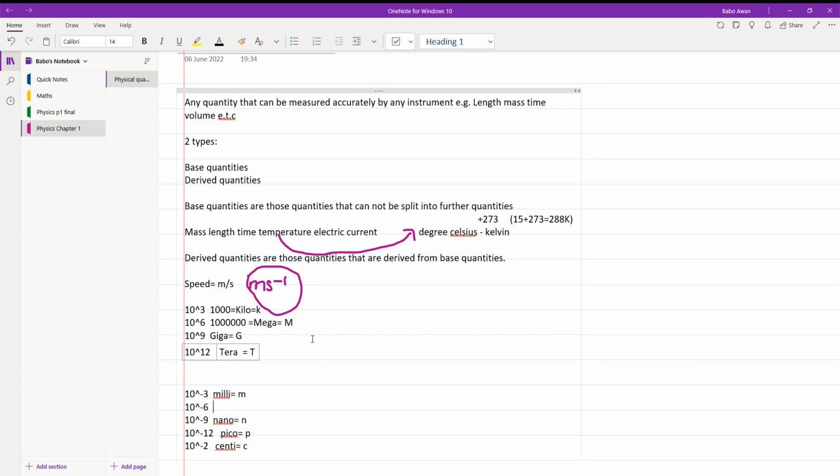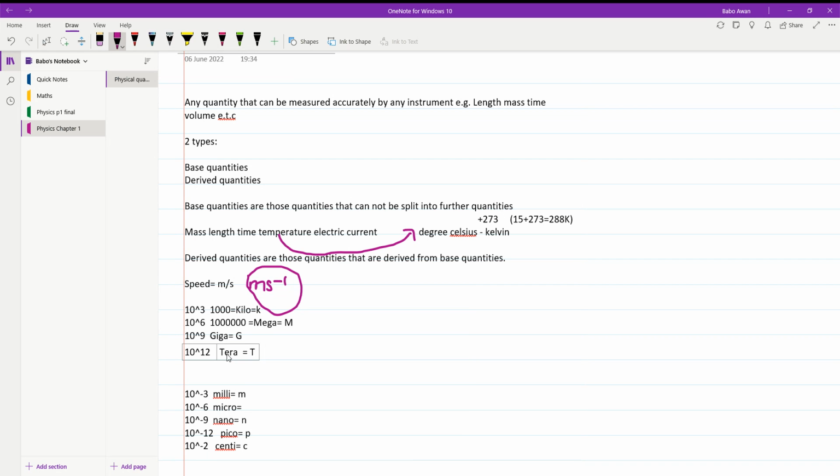Now, what is 10 power minus 6? So basically, 10 power minus 6 means micro, and its symbol would be this.